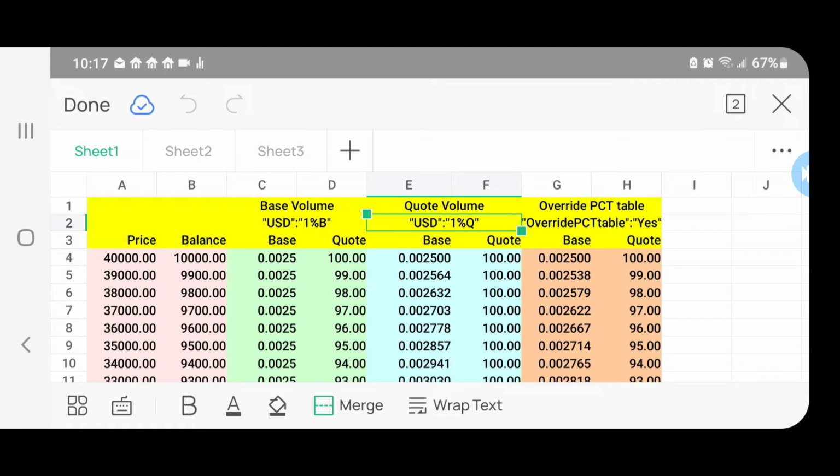So for quote currency volume, you can see column F that the value of the quote currency is consistent at all times. But column E, the base amount, appreciates or goes up over time.